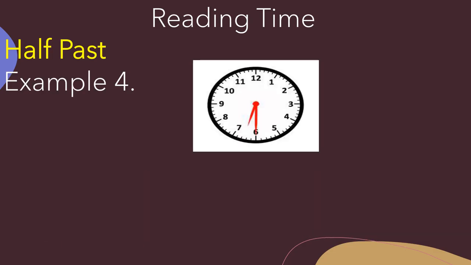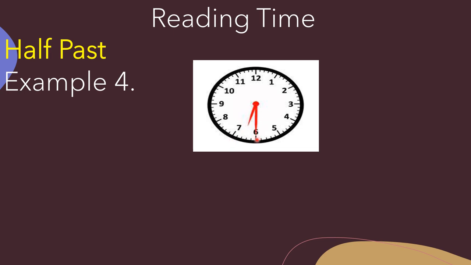Now beta, example number 4. Here this clock is given. Now we will see where the minute hand is and where the hour hand is. So here you can see that the minute hand is at 6 and the hour hand is between 6 and 7. Between means बीच में, ठीक है. तो यहाँ पे हमारा hour hand जो है वो 6 और 7 के बीच में है and the minute hand is at 6.